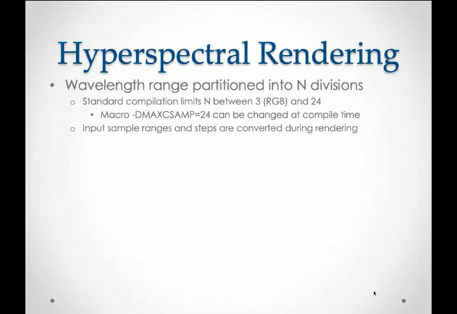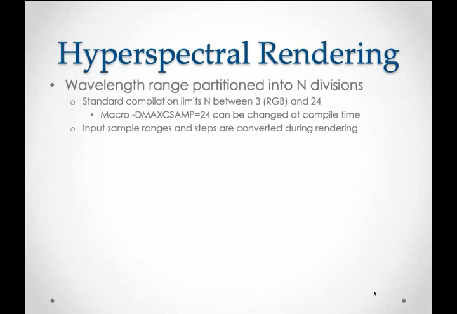The wavelength is partitioned into n equal divisions. It has to be between 3 and 24, which is modifiable at compile time with the max CSAMP macro. There's a reason this has to be a constant, and it has to do with the way the array structure is set up and passed around, and stack memory means setting it to something very large doesn't really work or make sense.